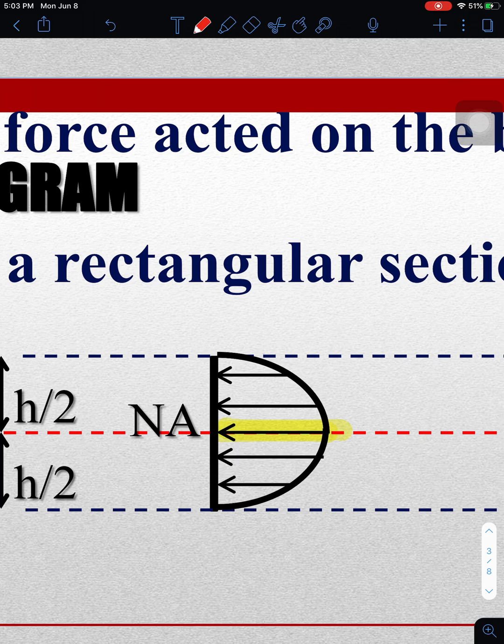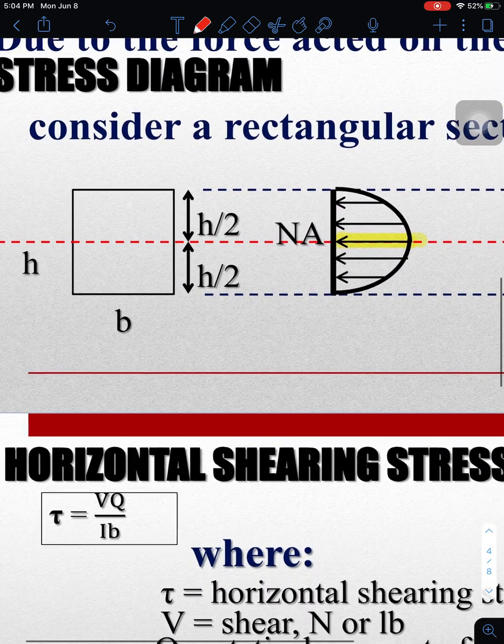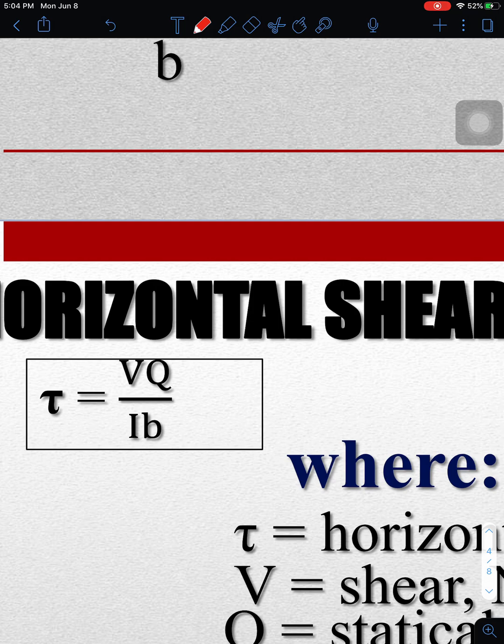It's different whenever we have a composite section, meaning the whole section is made up of different materials, like steel combined with timber or wood. For a composite section, the maximum shearing stress is at the joint where the two materials are connected, because the material is not homogeneous or is non-monolithic.